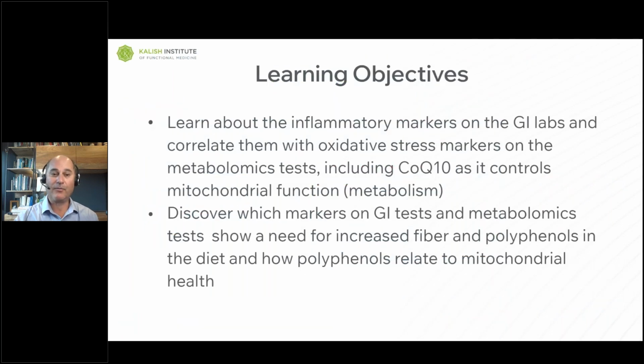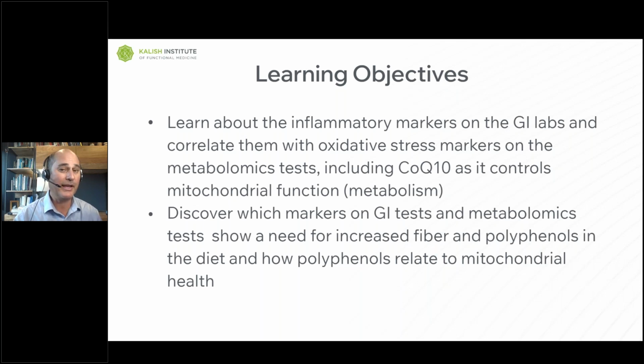All right, so we're gonna talk about the microbiome and how it relates to weight loss. A lot of this just boils down to what you're actually eating and how food is processed in your gut. And a lot of this is counterintuitive too. So we want to talk about anti-inflammatory markers on GI labs. We want to talk about oxidative stress markers on the different metabolomics tests that you guys are running.